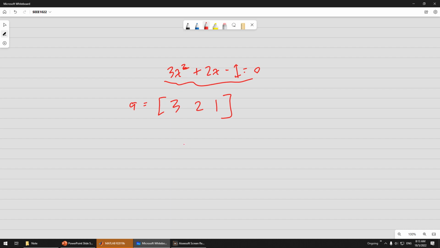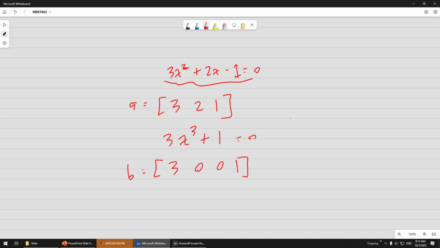Okay, so for example, if 3x cubed plus 1 equals 0, you can change this into MATLAB as 3, then the power of 2 is 0, power of 1 is 0, and power of 0 is 1.